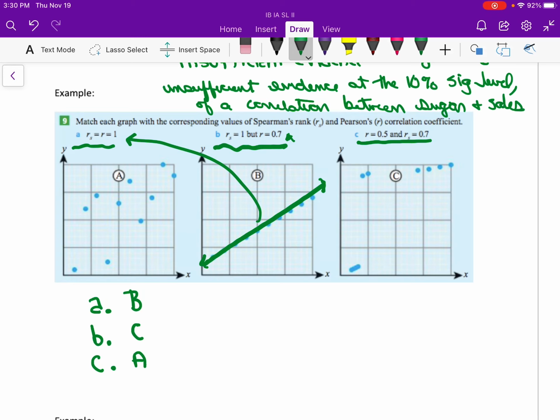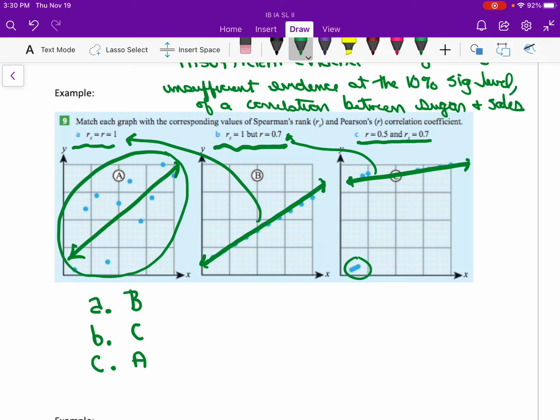Because if you look up here, this part of the data has a pretty good fit. So that part of the data with these outliers shows that we have a pretty good fit. This has much less of a positive fit, even though we could put a line through here. And so that is going to go with this.